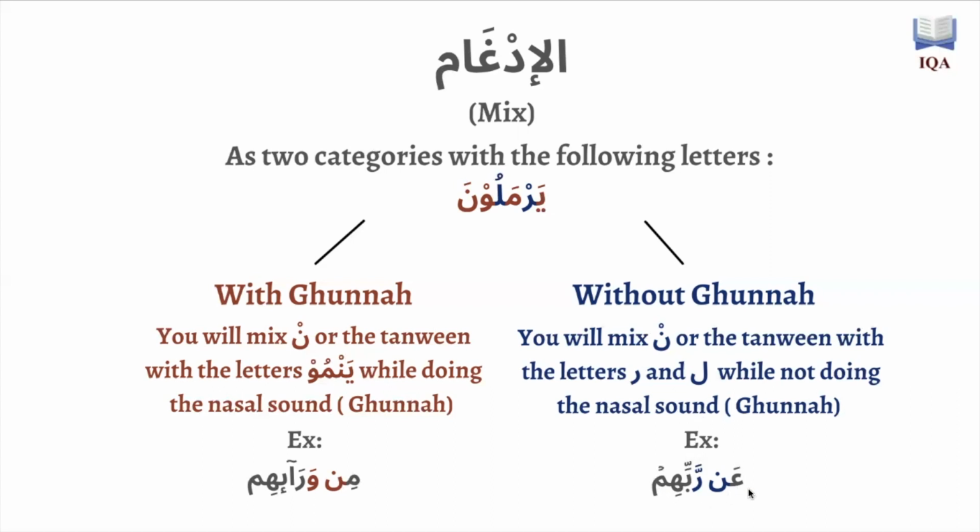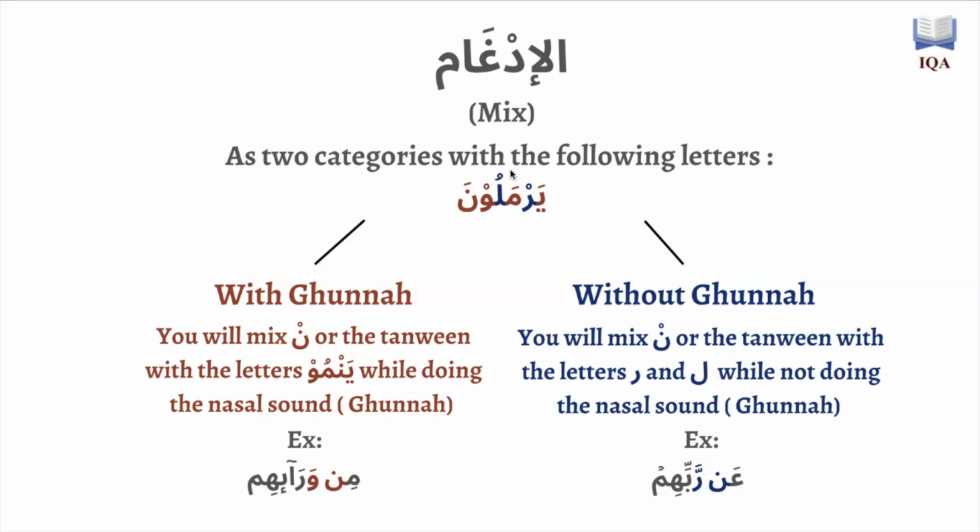So here, I'm going to say al-rabbihim. I'm mixing the noon with the ra, but you're not hearing any nasal sound. You're not hearing the ghunna. You're just hearing the noon without the ghunna.